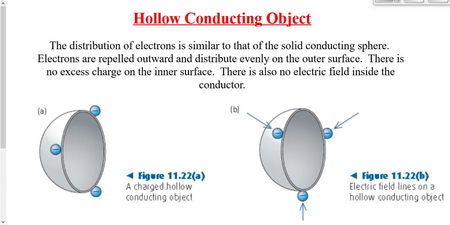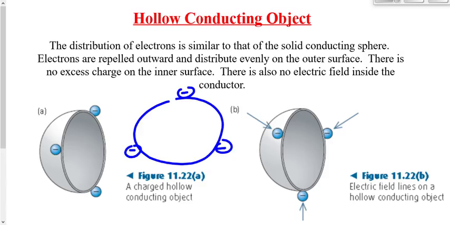The reason that I want to show you this diagram is not so much to show you the distribution, because it looks exactly as it did with the solid conducting sphere. But in this one, I want to show you the electric fields, not only outside, like you see in diagram B, but also inside. Let's redraw this just as a two-dimensional picture here. We've got an electron right here on the outer surface, an electron right here on the outer surface, and an electron right here on the outer surface.